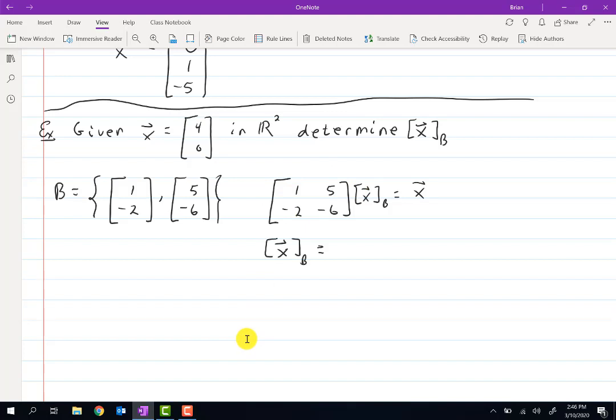So the first thing I need to do is calculate its determinant. When I multiply the 1 times negative 6, I get negative 6. Then I'm going to add to it 10. So that's 4. So 1 over the determinant is 1/4. The inverse of the matrix, we swap the 1,1 and 2,2 components. And we take the negative of the other 2 components.